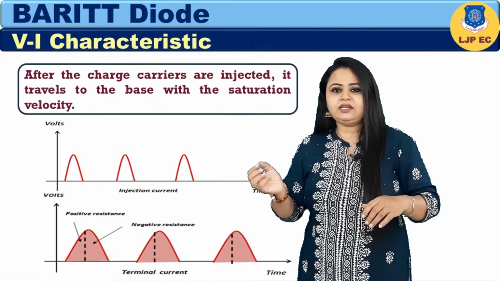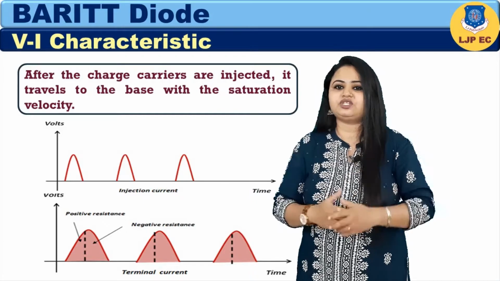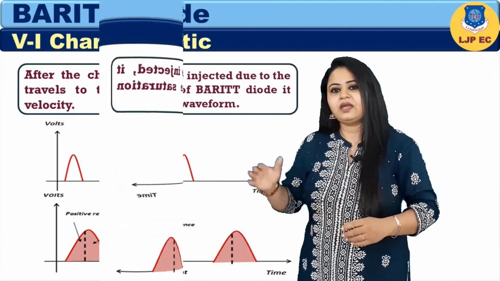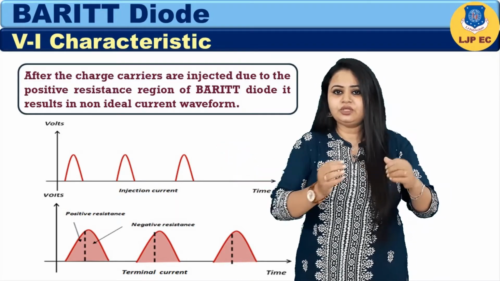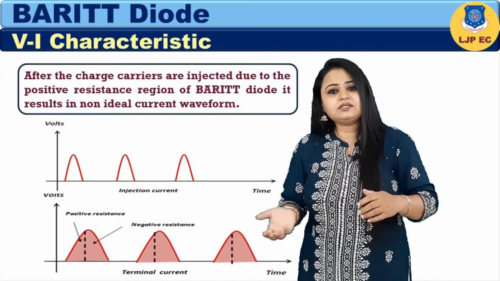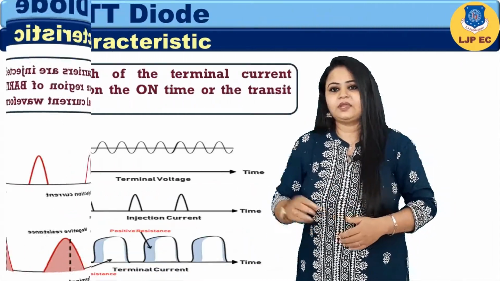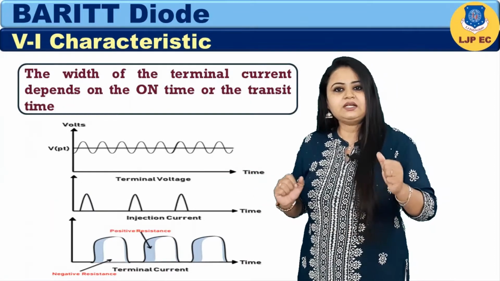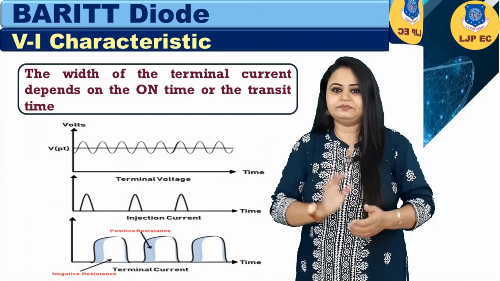After the charge carriers are injected, they travel to the base with the saturation velocity. After the charge carriers are injected, due to the positive resistance region of the Barrett diode, it results in non-ideal current waveform. The width of the terminal current depends upon the on-time or transit time.